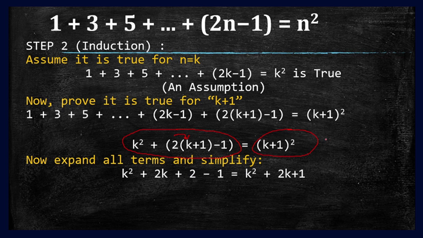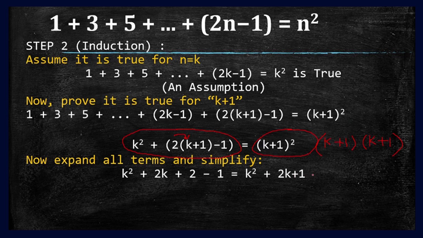So it becomes k plus 1 times k plus 1. Using the FOIL method, k plus 1 times k plus 1 is equal to k squared plus 2k plus 1.